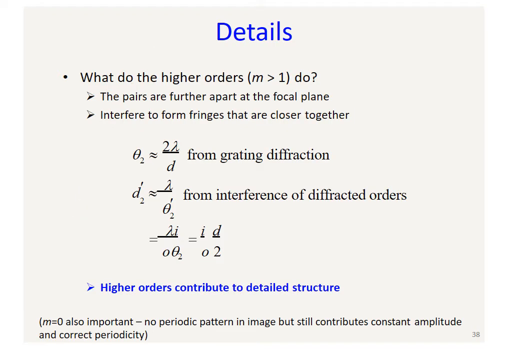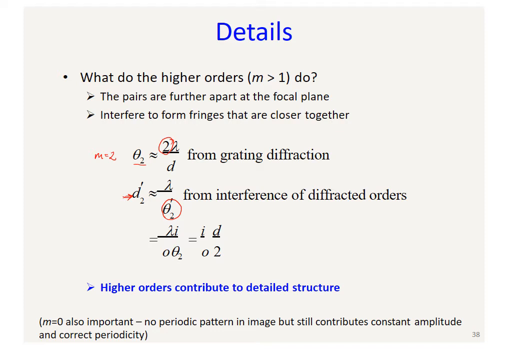So our higher order diffracted light. Let's consider m is equal to 2. We know that the angle will be larger because we now have a factor of 2 here. And that also means that the angle at which it converges is going to be larger, and hence the spacing of our orders that arrive at the image plane is going to be smaller.